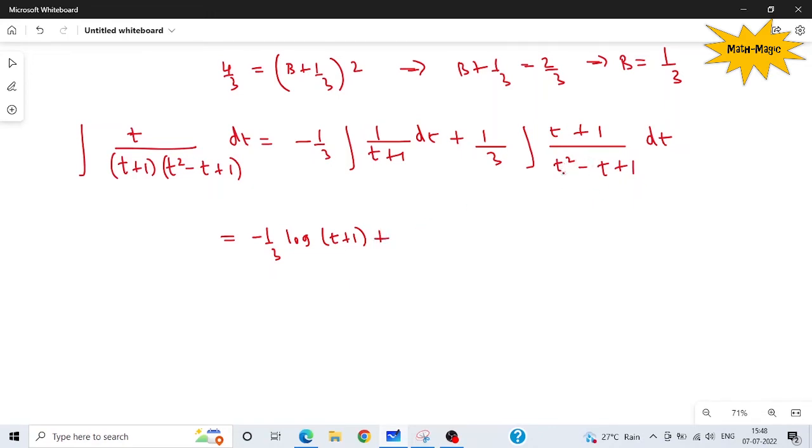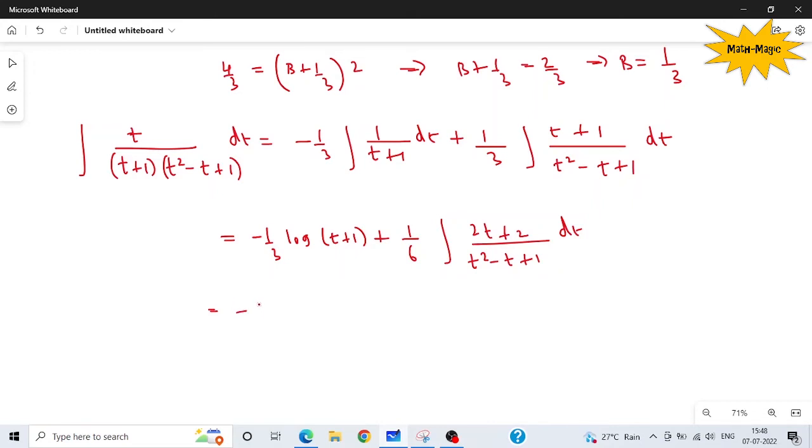So the denominator derivative is 2t minus 1. So we want 2t in the numerator, so we'll multiply and divide by 2. So here we get 1 by 6 integration of (2t plus 2) upon t square minus t plus 1 dt. Okay, so now we will adjust the numerator as per the denominator derivative.